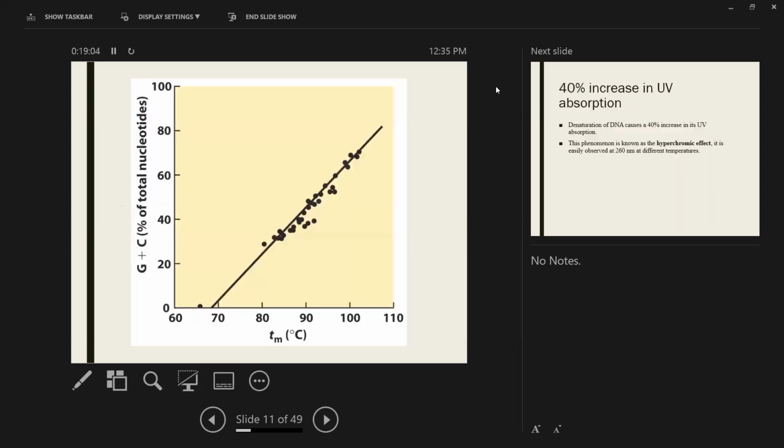And in fact, this relationship, as you can see, is linear. As your GC percentage goes up, so does your melting temperature. A regression line through interpolation and also to some extent extrapolation shows you a nice straight line with an R value very close to 1. So it's pretty much a linear relationship.